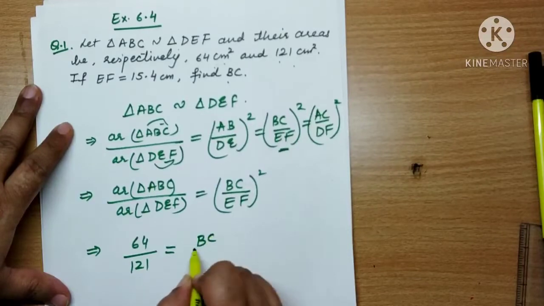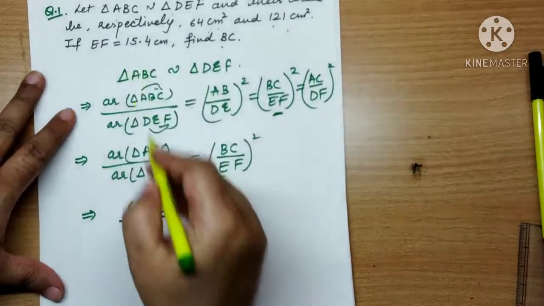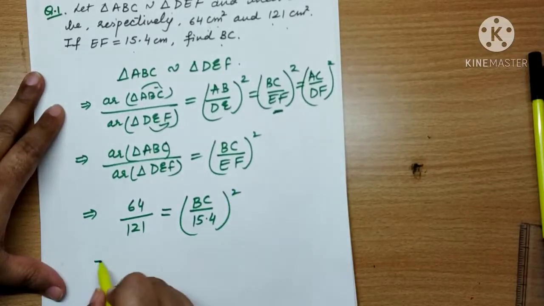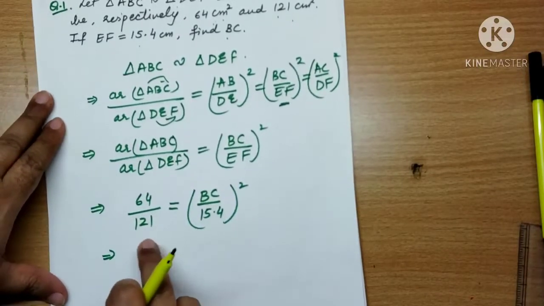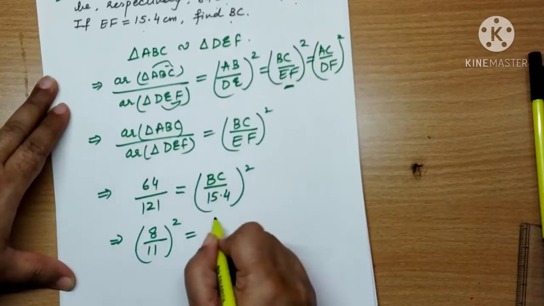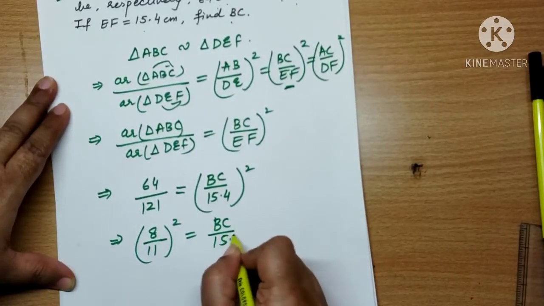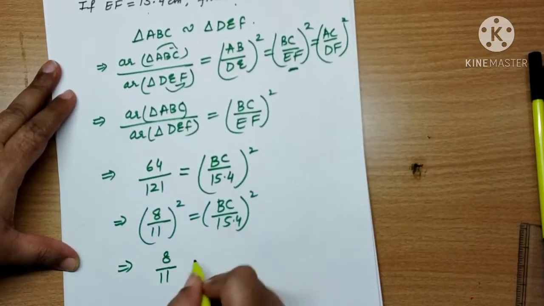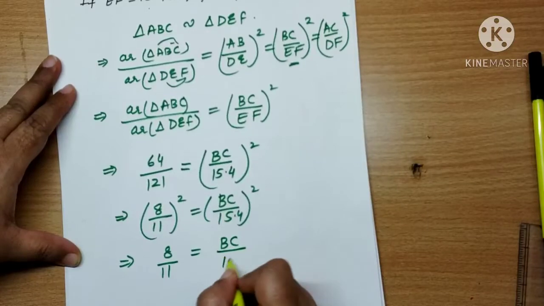BC we need to find out, it's not given. EF is 15.4, given, and the square. So let's raise this to the power 2. 8 by 11 square is BC by 15.4 whole square. So now the squares go away, I have 8 by 11 is BC by 15.4.